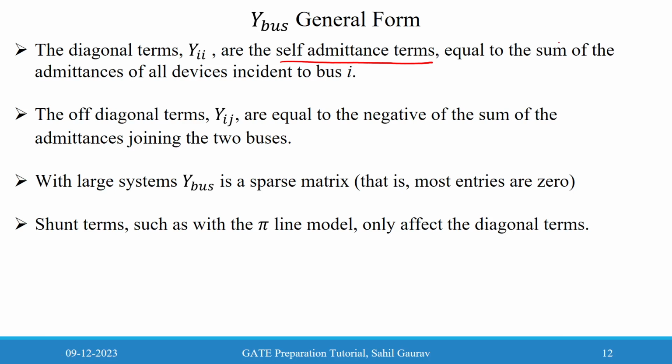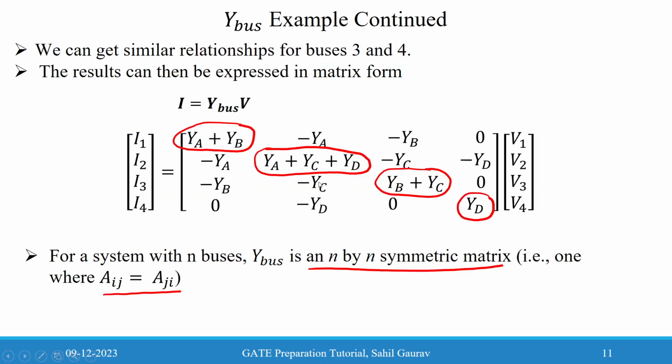So for diagonal terms we have to directly sum up the admittance of all the lines, and here we are taking the negative of the sum of the admittance joining the two buses. And with a large system, Y bus is a sparse matrix. That is, most entries are zero. We will see some questions on the sparsity of Y bus also.